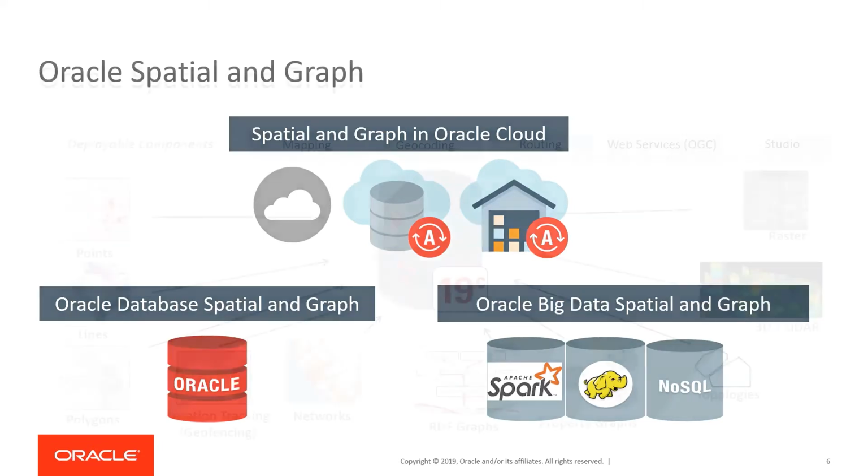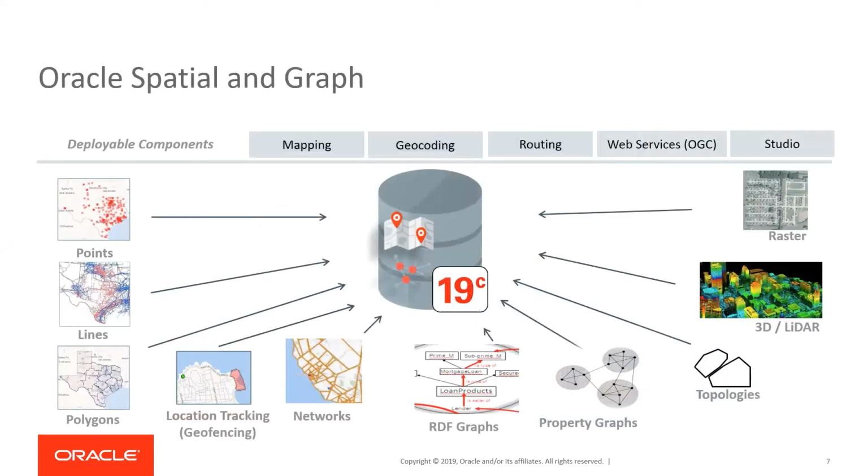Here is the big picture of Spatial and Graph. We have these spatial data types, the basic ones, points, lines, polygons. Again, all in the database, as well as more advanced data types and features. We have networks, geofencing. So if you want to track something, for example, coming in and out of a particular area or region, that's available to you.